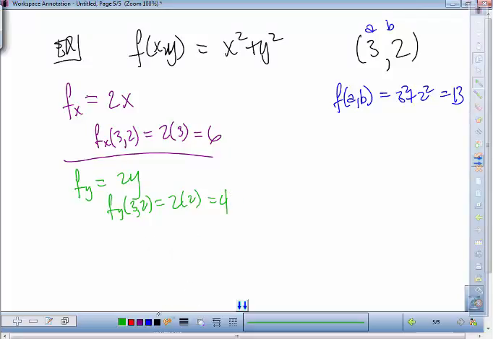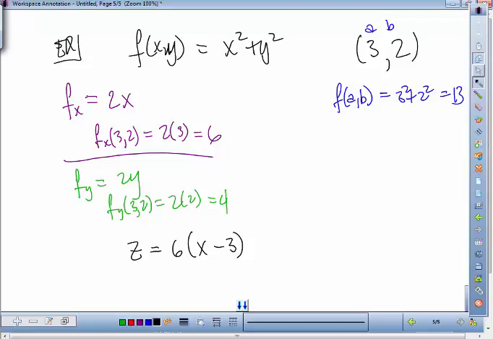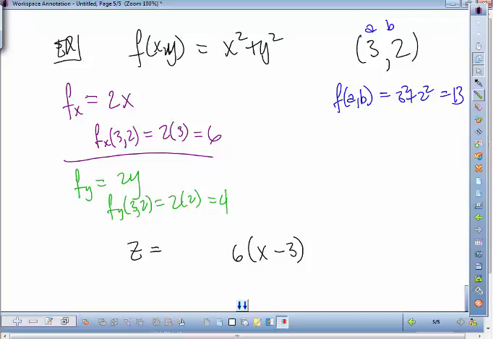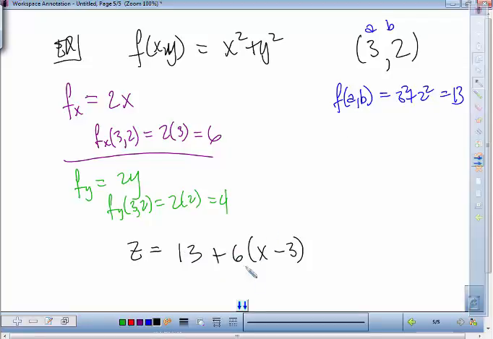All right. Now, just the formula, right? z is equal to fx, x minus a. Oh, wait. f of a, b. f of a, b is 13. fx, parentheses, x minus a, plus fy, y minus b.